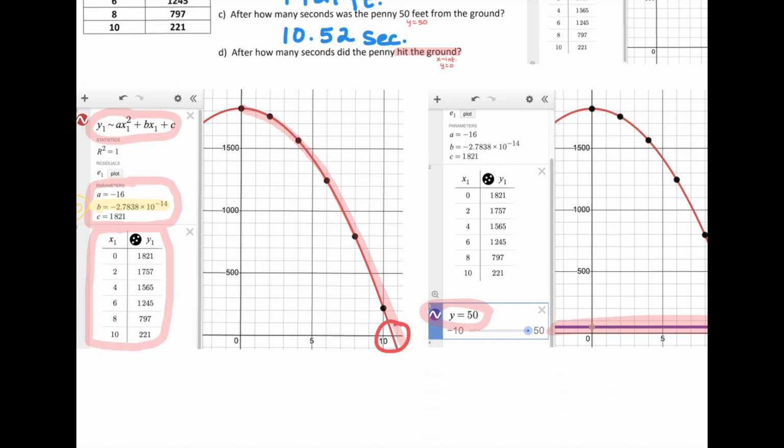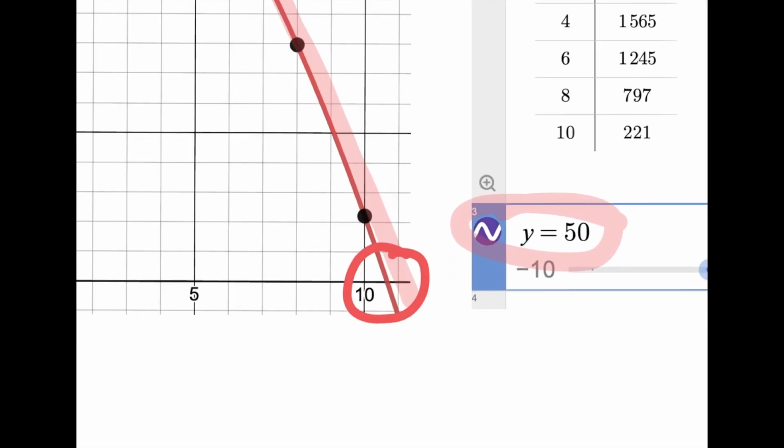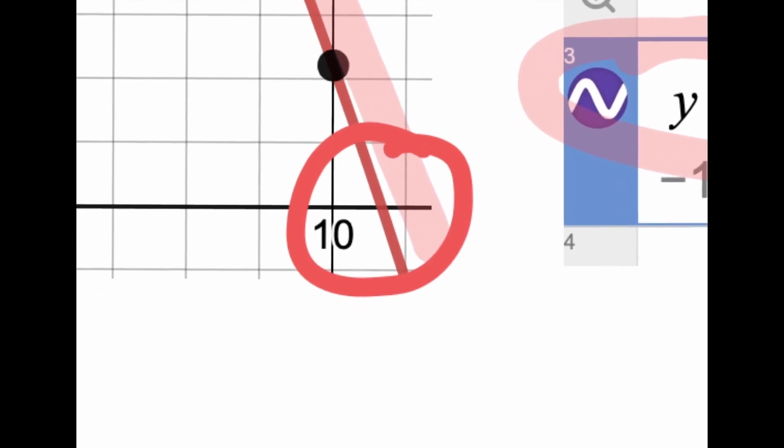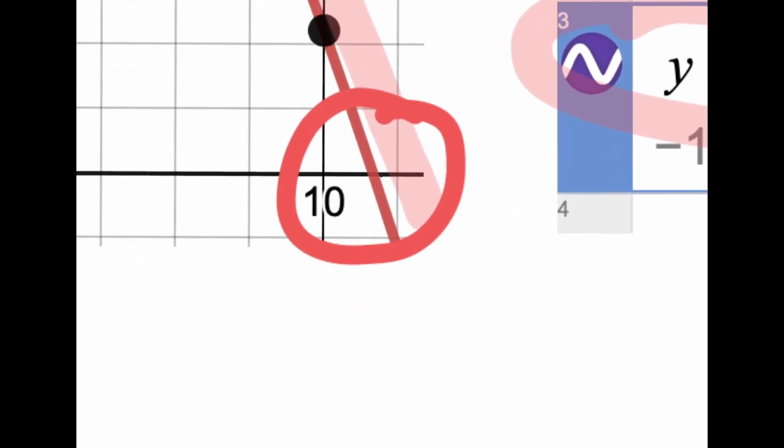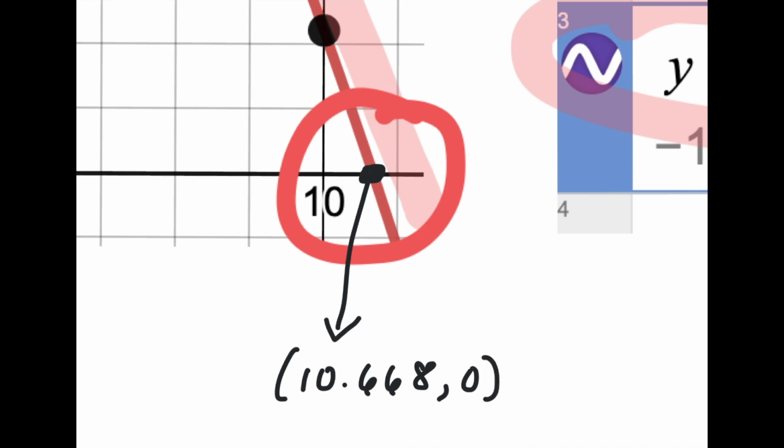That's going to be this point right here, which I didn't click on before I did my screenshot, but I'll give you those values right now. This point right here, the x-intercept is 10.6680. And so I'm going to give my answer as 10.69 seconds.